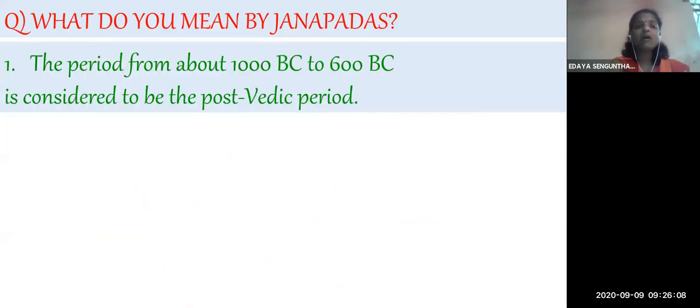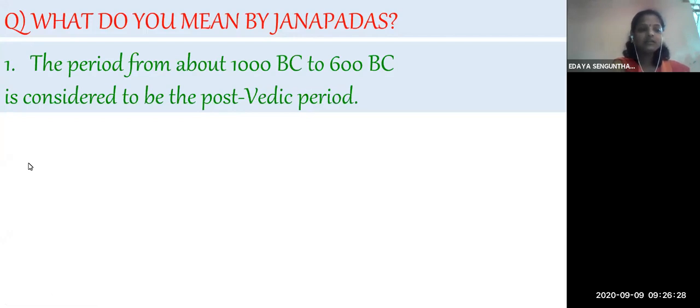The period from about 1000 BC to 600 BC, means before the birth of Christ, 600 to 1000 years before, is considered to be the post-Vedic period. We have learned the lesson on the Vedic period.